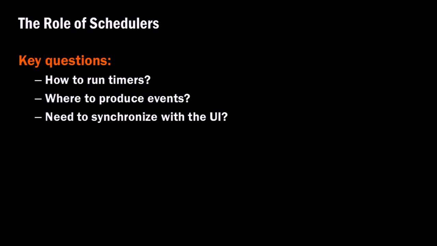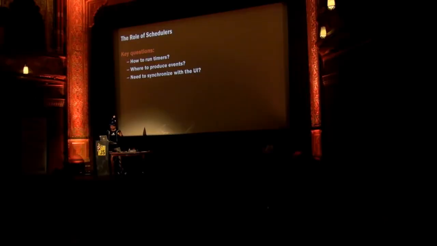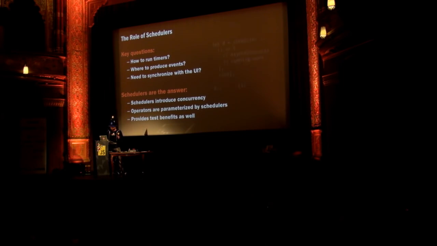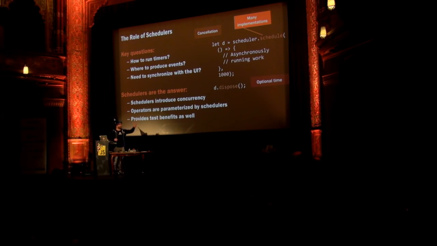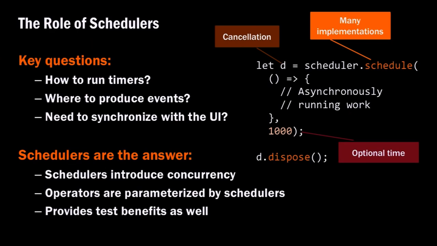Now, the role of schedulers is our secret sauce and what really sets us apart. It really is about where I run these values and how. We have many different ways of handling schedulers, in such a way that we can schedule some work and also cancel it at any time. All of that cancellation that I talked about goes all the way to the very core of what we do, and it provides some testing benefits.